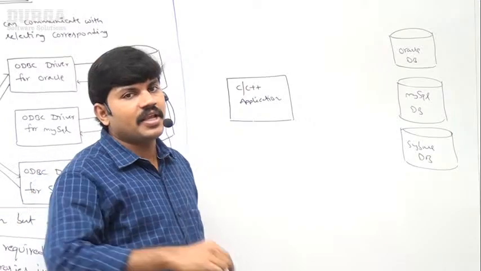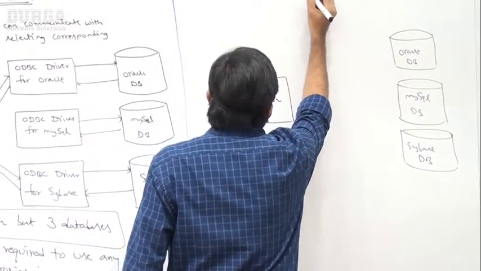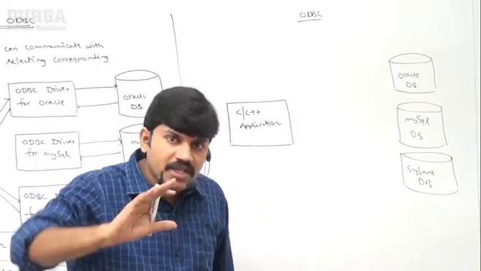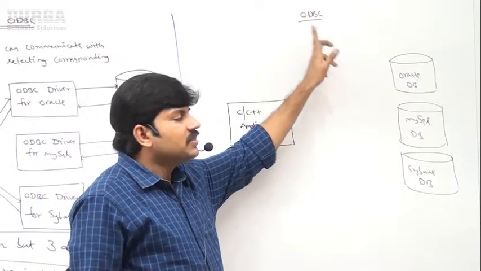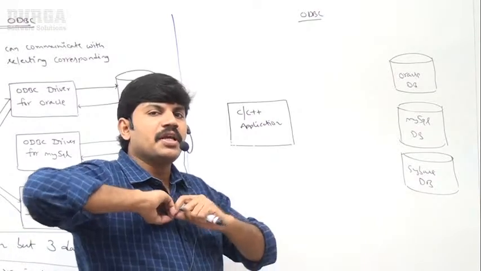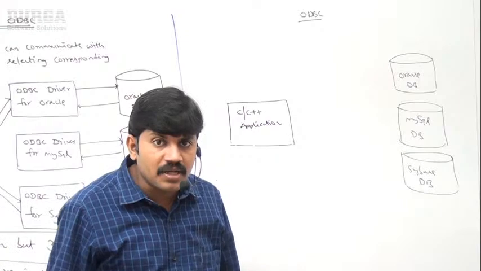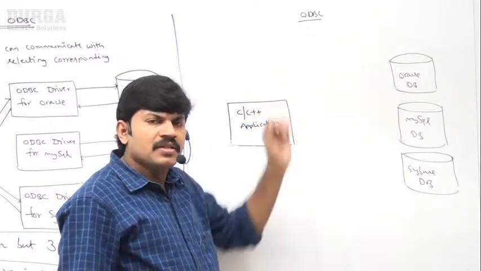That facility came because of the ODBC concept. The biggest advantage of Open Database Connectivity is that by using ODBC you can connect to any database. It is open for any database communication. Such a beautiful technology is ODBC.